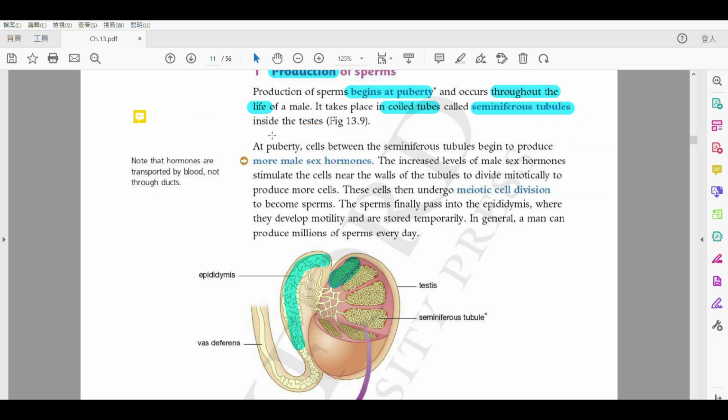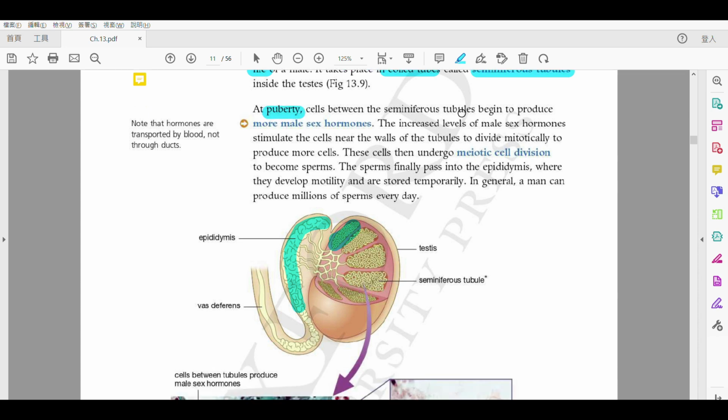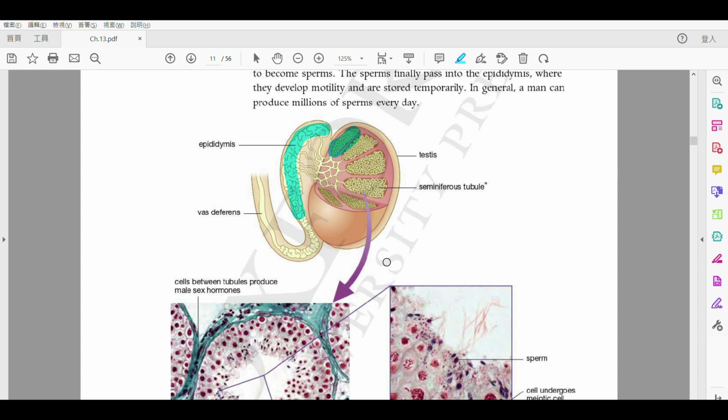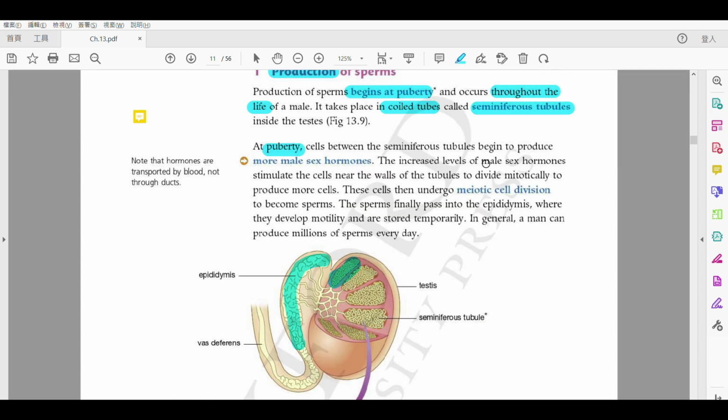So at puberty, what happens? The cells between the seminiferous tubules begin to produce more male sex hormone. Then the male sex hormone will stimulate, as we learned with this word before: the sugary solution stimulates the pollen grain to develop the pollen tube.